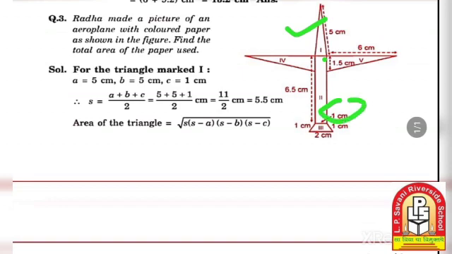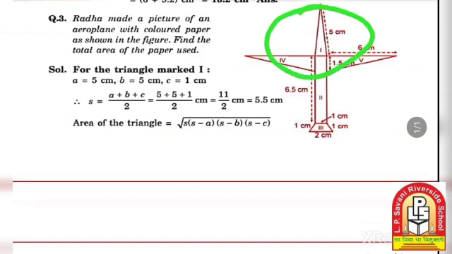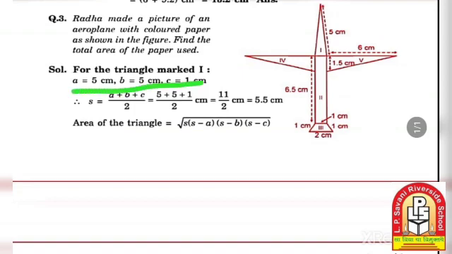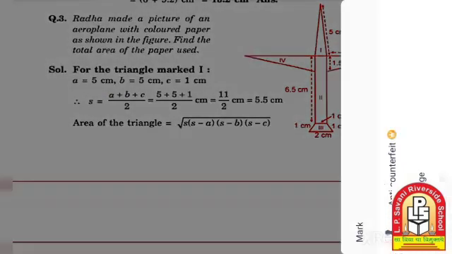In the rectangle the opposite sides are the same, so in this triangle we take 5 centimeter, another side is also 5 centimeter, and this side is 1 centimeter. In this way I take these three sides.